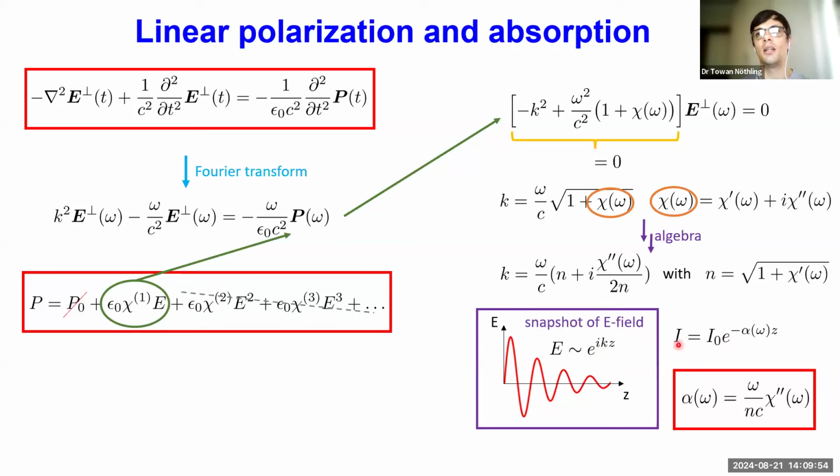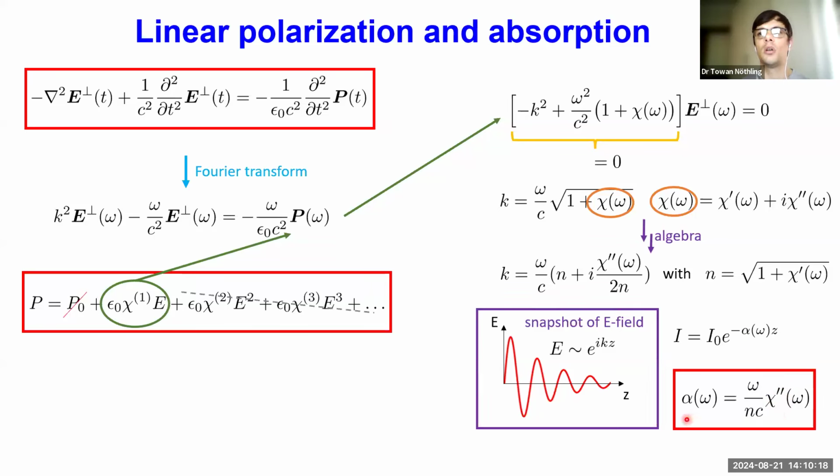The attenuation of the intensity is frequency dependent, and we can characterize it by the absorption coefficient, which is what we measure when we do an absorption experiment. Now we see that the absorption coefficient is proportional to the imaginary part of the susceptibility.